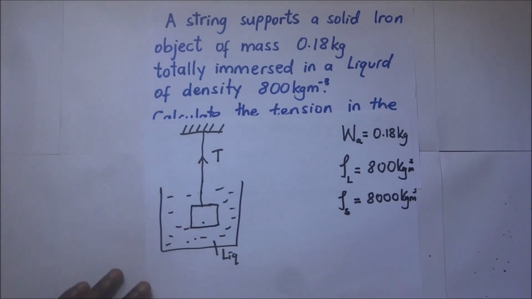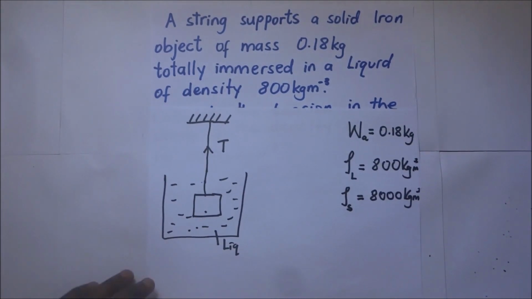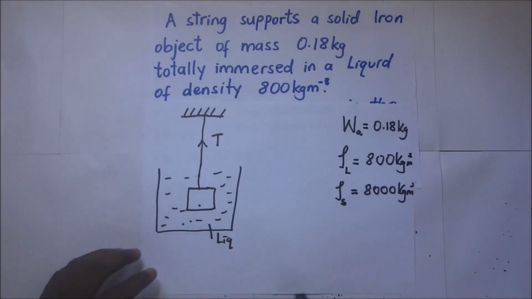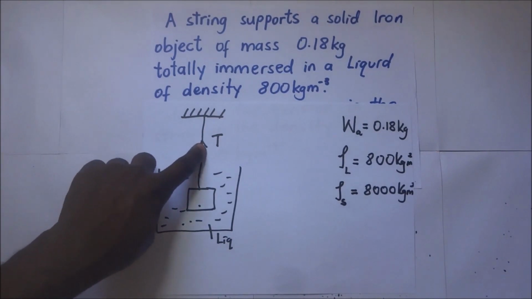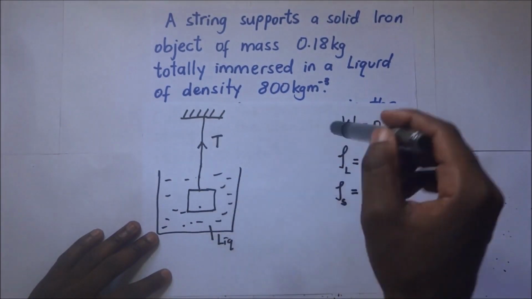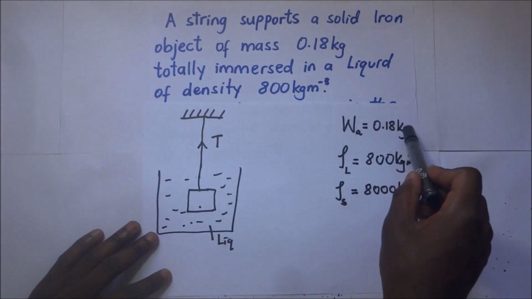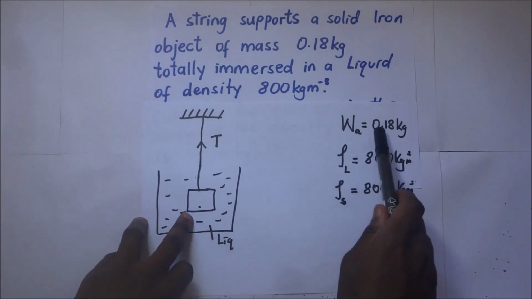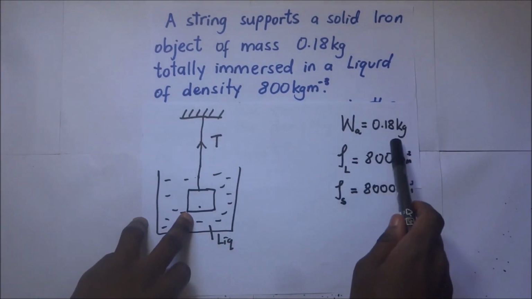Now, for us to find the tension in the string, I think there are two ways for us to do this. To begin with, let's say we had a spring balance here. This thing at first probably weighed 0.18 kilograms when it was dangling in air.